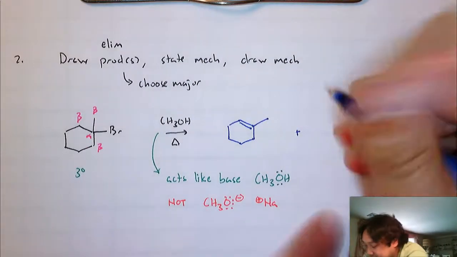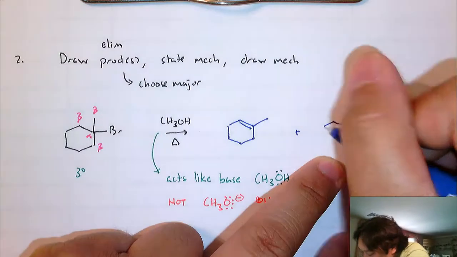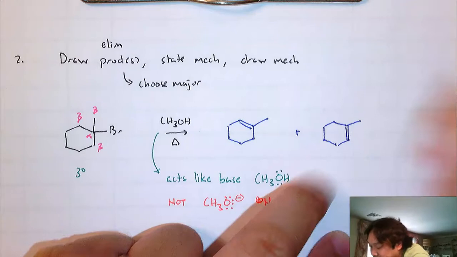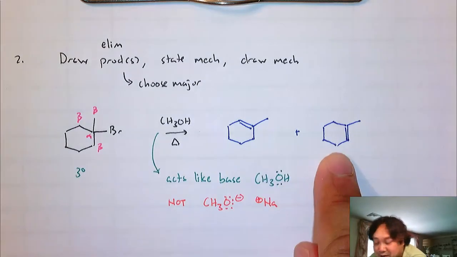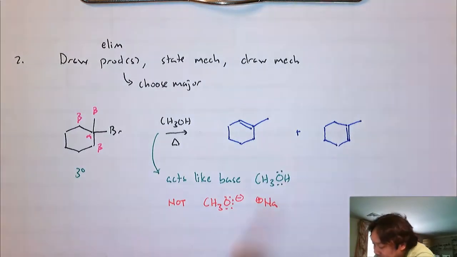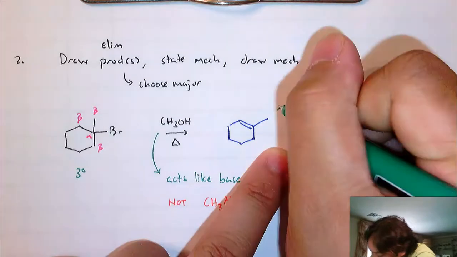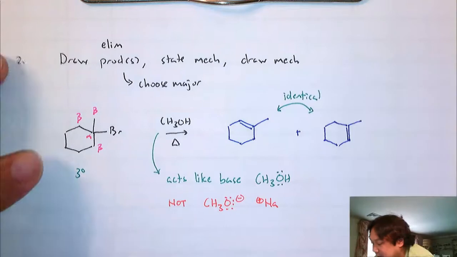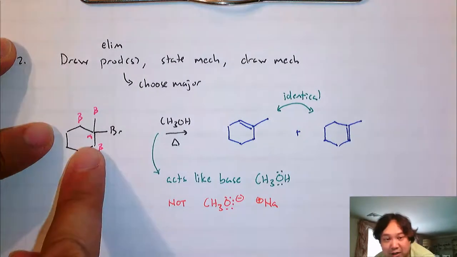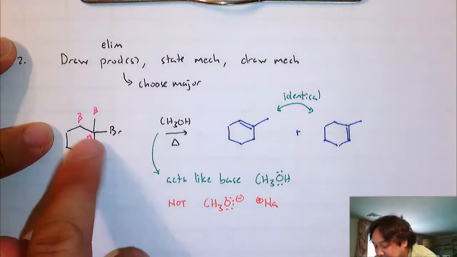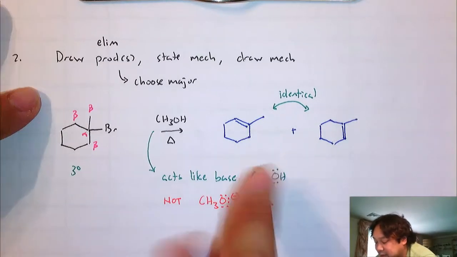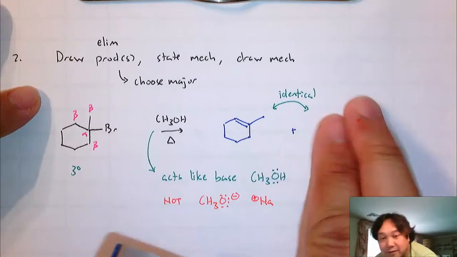If you draw it, make sure the grader knows not to think that this is another product, because these two are identical. Some students like to double check visually all the possible double bonds, but some of you will realize that this is identical before drawing it.